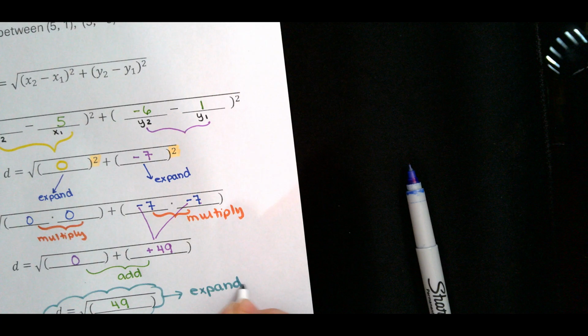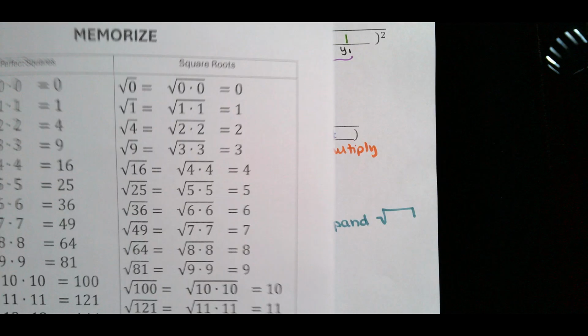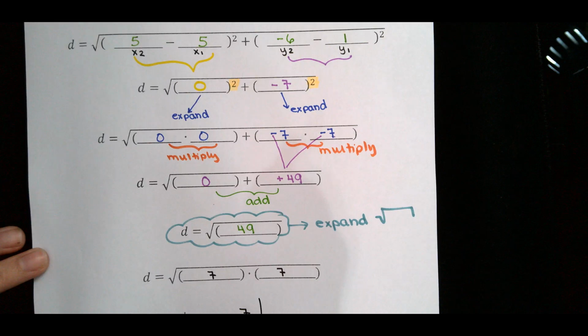So you're going to expand your square root. Again, I'm going to go back to my paper. And I'm looking at 49. So that means I'm going to write this expansion as 7 times 7. My expansion here is 7. That's our answer.